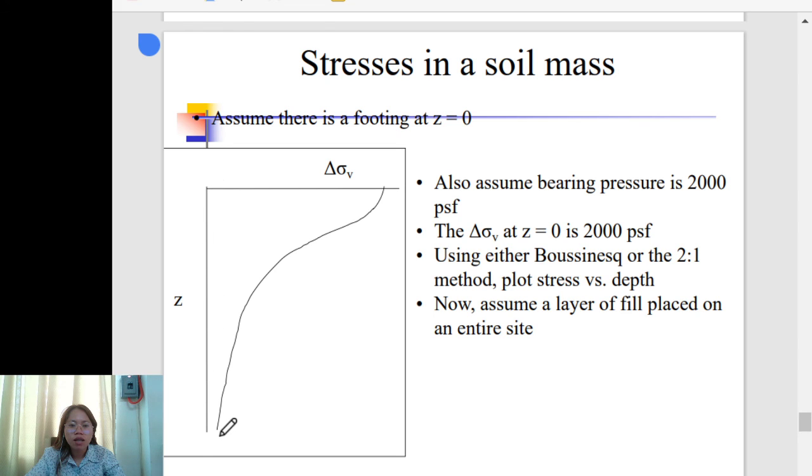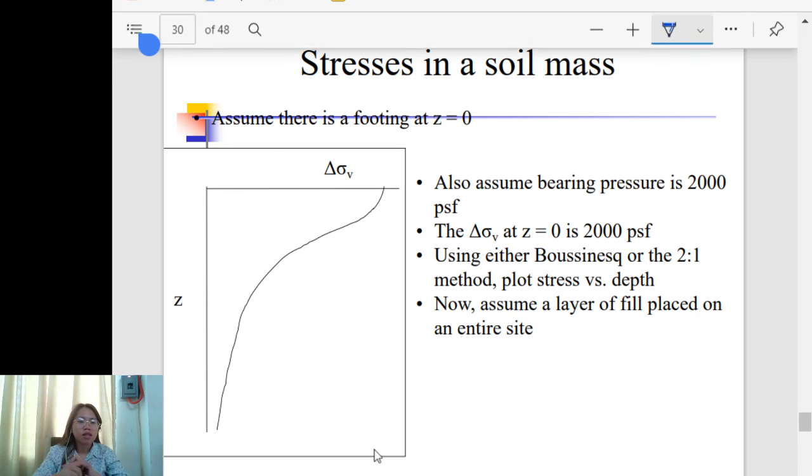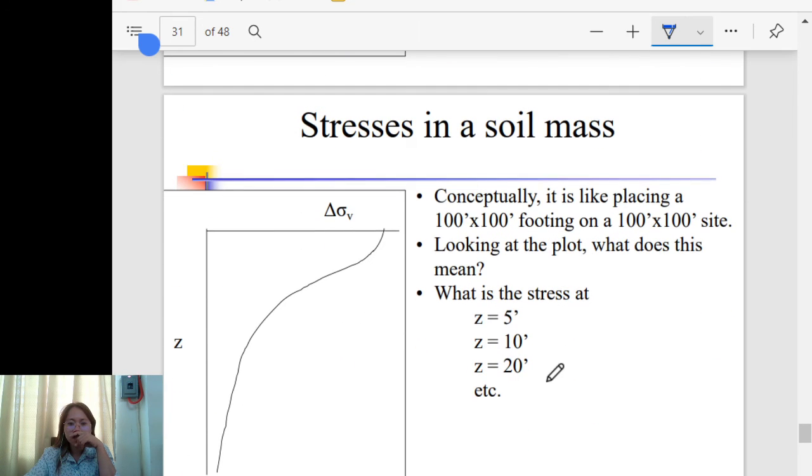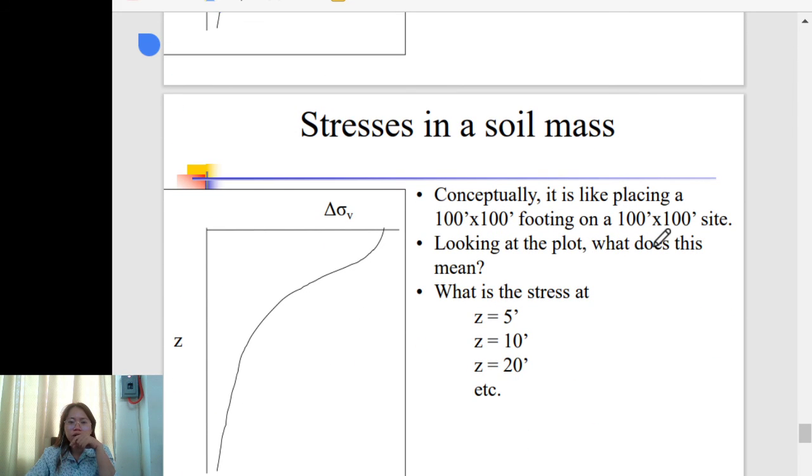So if you go farther away, your stress becomes smaller. That is correct because you are far from here. Remember, your stress is near here, if this is your z equal to 0, this part here. So if you go deeper, the stress is very small. But if you are closer, the stress is larger, this portion. Conceptually, it is like placing a 100 feet by 100 feet footing on a 100 feet by 100 feet site.